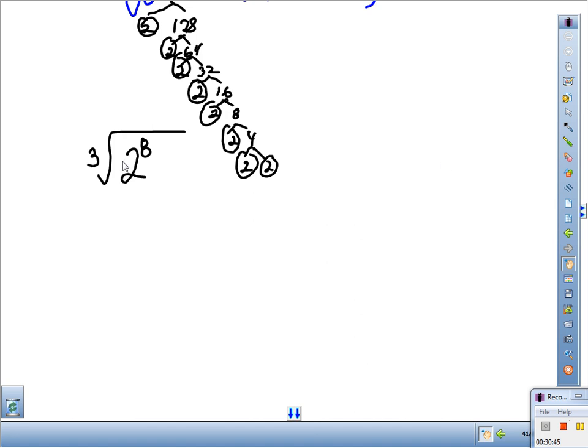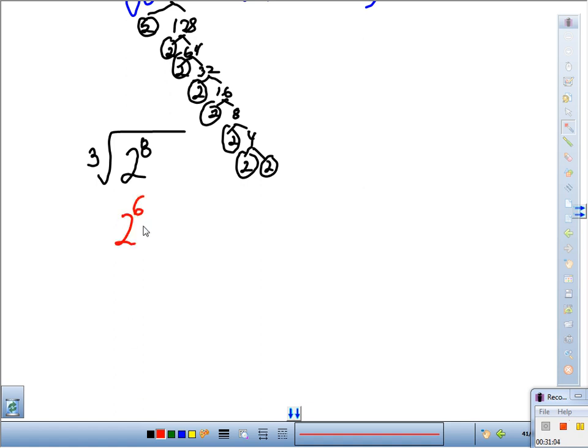Does this look familiar? Let's see. What was the shortcut? Divide that by that. But is it a multiple of 3? What number's closer to 8 that's a multiple of 3? But we can't add to it. We can only split it up. 6. So this becomes 2 to the 6 times 2 to the 2nd. And we're going to take the what?